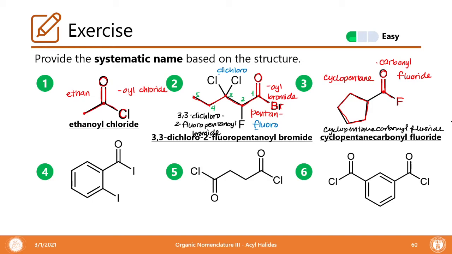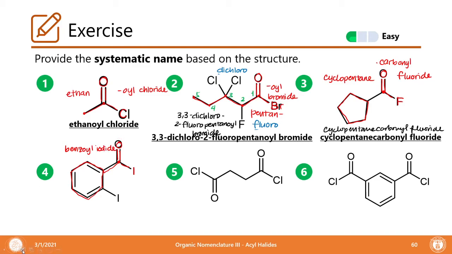Okay, let's go to number 4. Here we have an acyl iodide. This carbonyl carbon is connected to a benzene ring, and so we have a special name for that, benzoyl iodide.